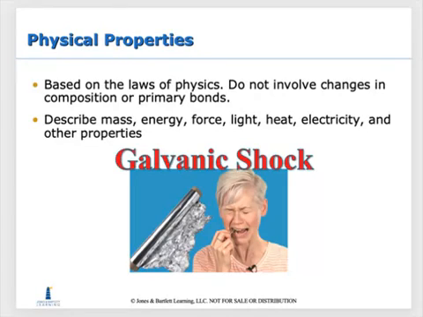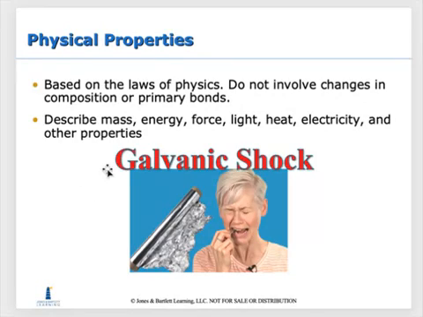Physical properties are pretty easy to remember based on the laws of physics. It's even part of the word there to make it easy to remember. It doesn't involve changes with composition or primary bonds, and it's used to describe things such as mass, energy, force, light, heat, electricity, etc. When you think of physical traits, think of things such as color, density, how well it conducts temperature.